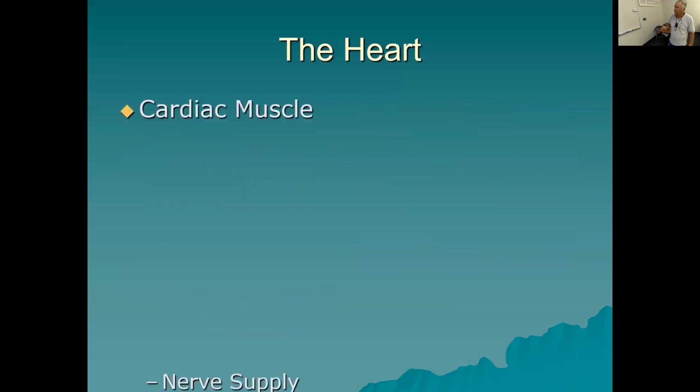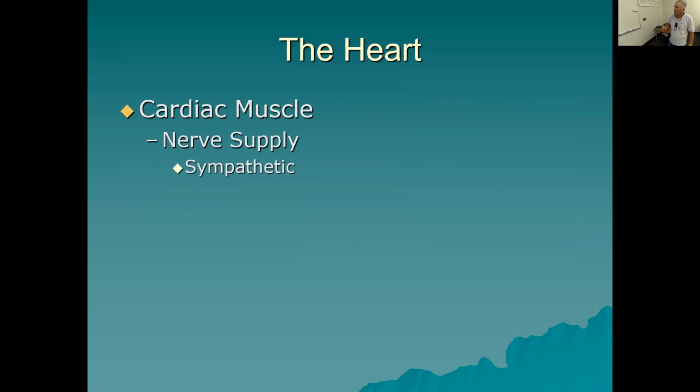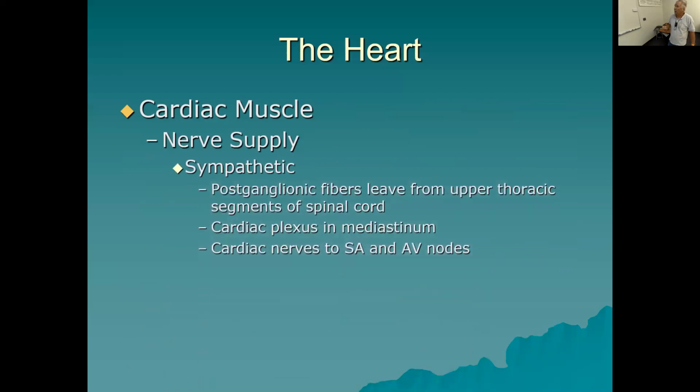Okay. So nerve supply: cardiac muscles are innervated by the sympathetic nervous system, postganglionic fibers leading from upper thoracic segments of the spinal cord, cardiac plexus of the mediastinum, cardiac nerves to SA and AV nodes.